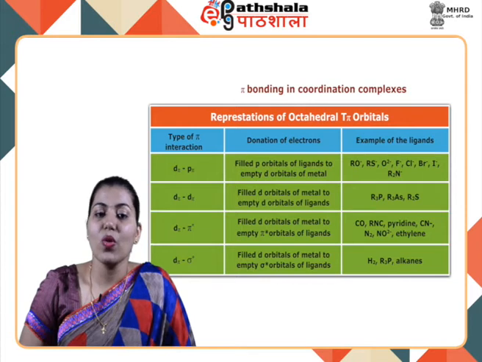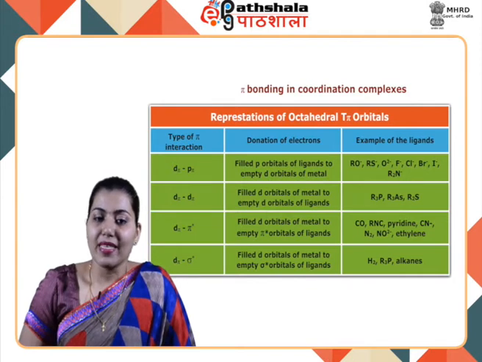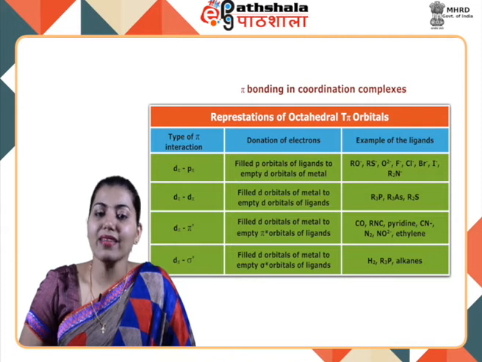Considering table 2, various types of pi bonding interactions are depicted. The types of pi interactions, how the electrons are donated, and the examples have been listed in this table. For the first type of interaction, that is d-pi p-pi interaction, filled p orbitals of the ligand are transferred to the empty d orbitals of the metal.